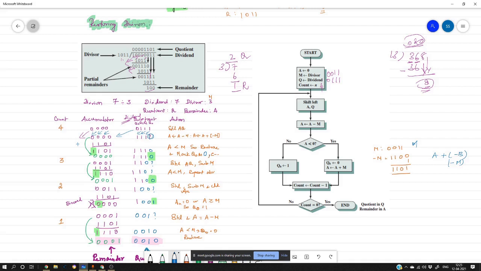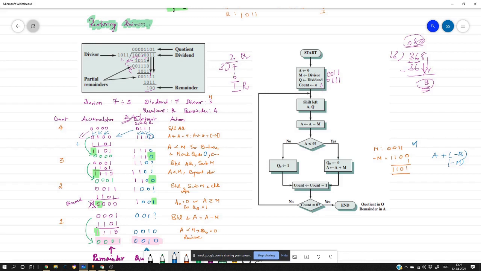This whole thing comprises the dividend. I've subtracted the divisor from the dividend, but I get a negative result. If the result is negative, it means the set of bits considered now from the dividend is lesser than the divisor, and I have to mark 0 in the quotient. So if this is 1, I mark 0 here in the quotient. This question mark has been overwritten with 0, that is, Q naught has been filled with 0.